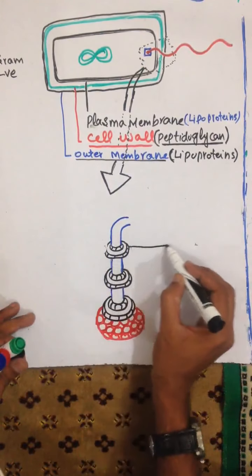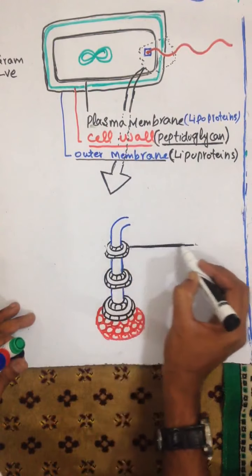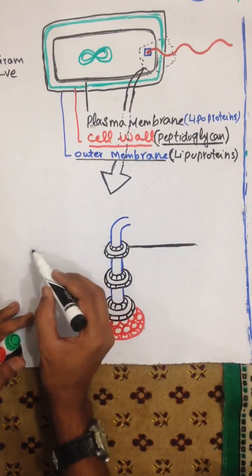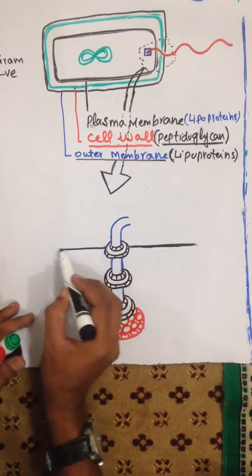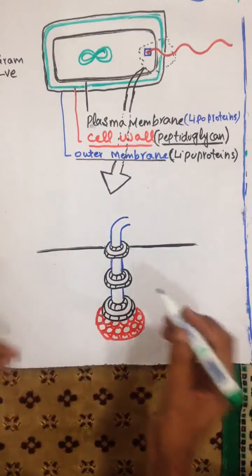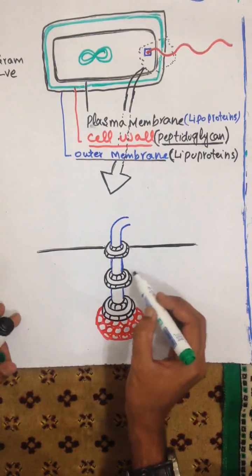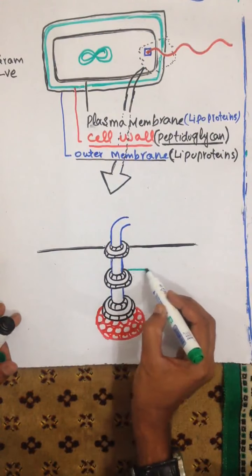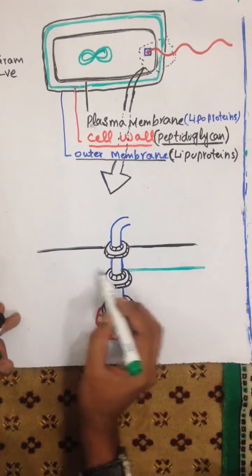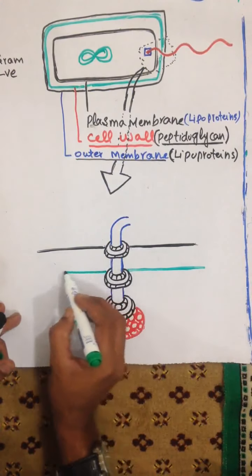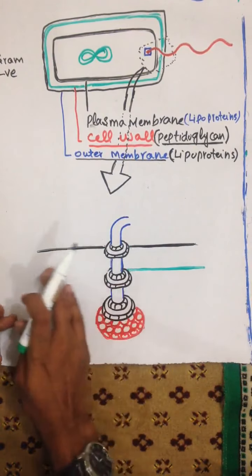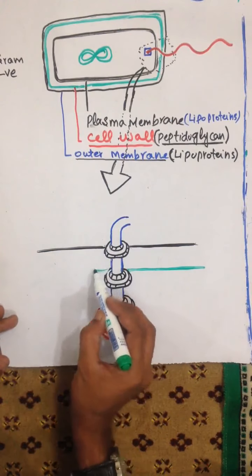So this is the outermost layer, and this is the peptidoglycan layer.